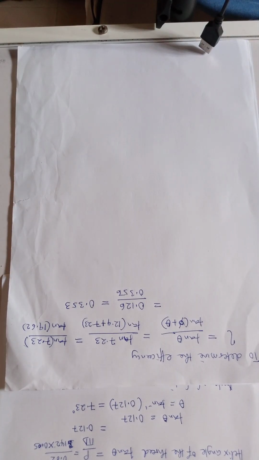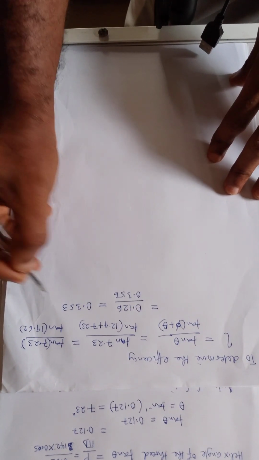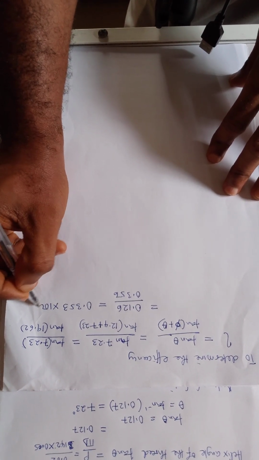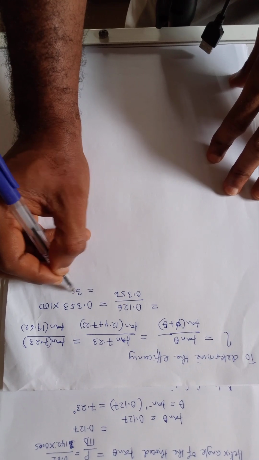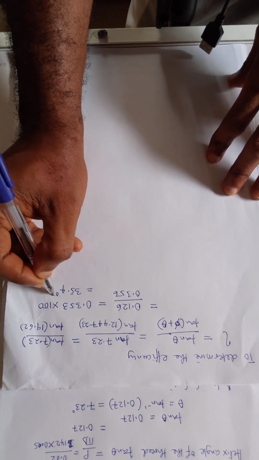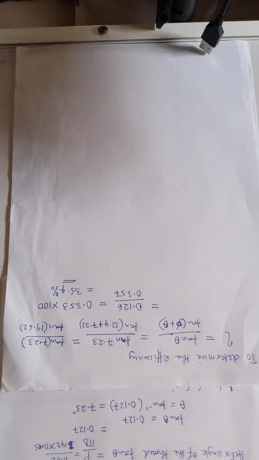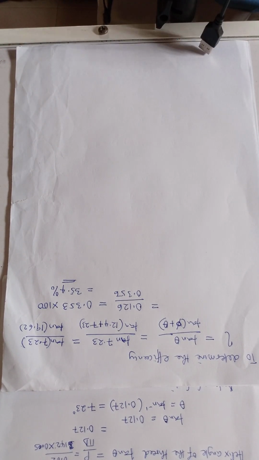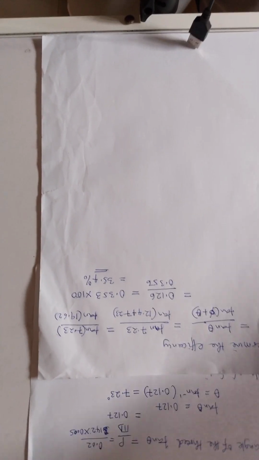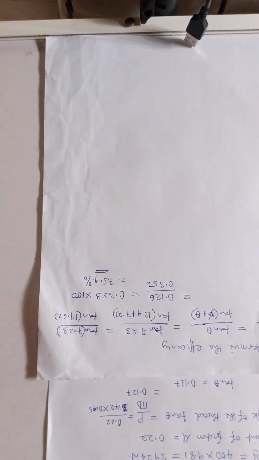Since we are talking about efficiency, we multiply it by 100. So this will give us 35.4% approximately. It means the efficiency will be 35.4% approximately.